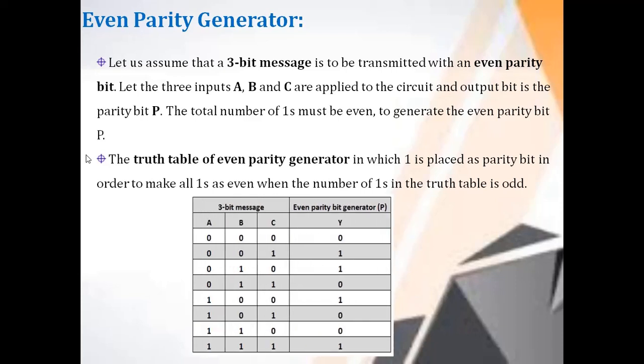Listen. If I pass a 3-bit message to the receiver, 3 bits means we can pass 8 possible messages: 0 0 0, 0 0 1, 0 1 0, and likewise. If I pass the message 1 0 0, this is the original message, but it contains only one 1.